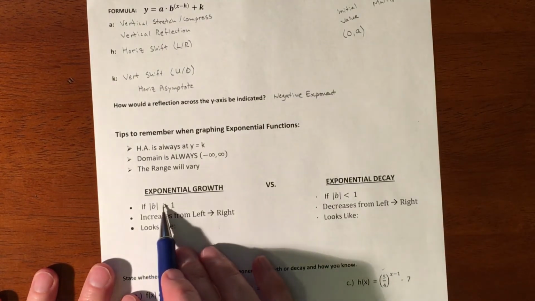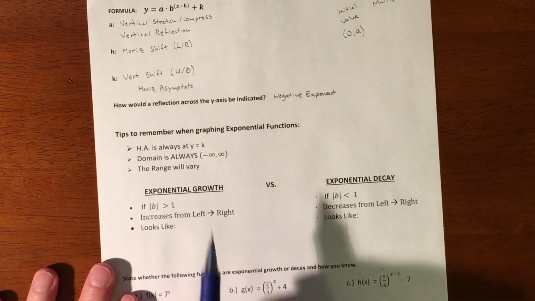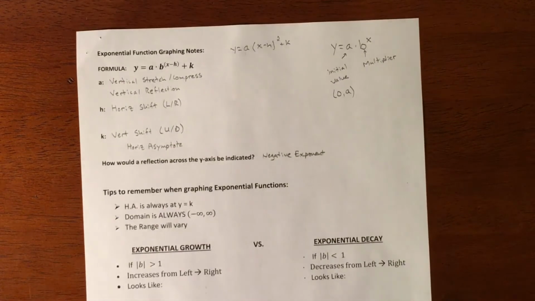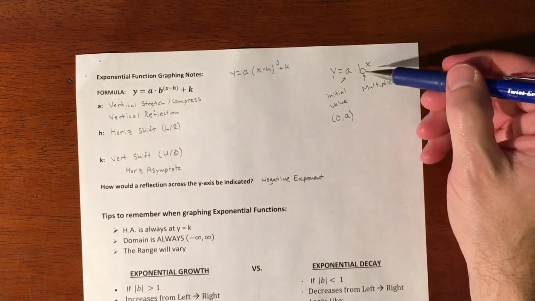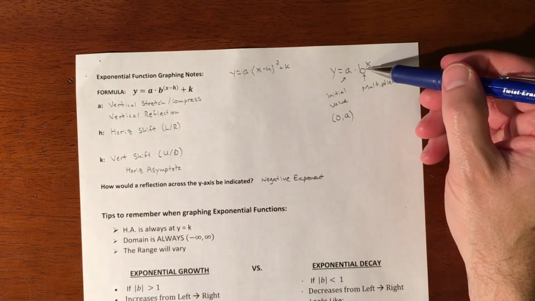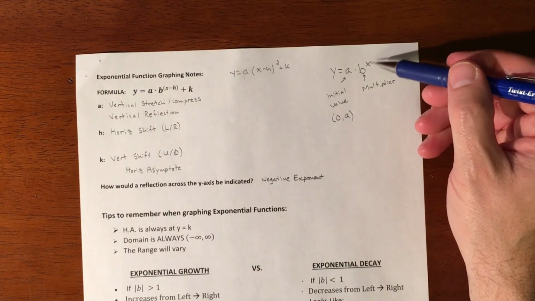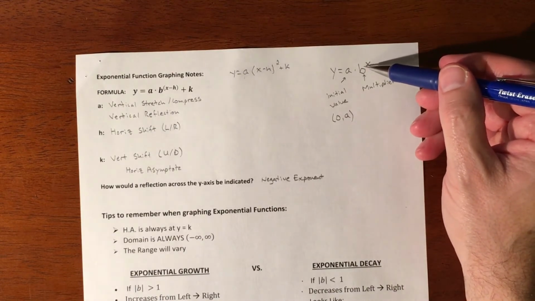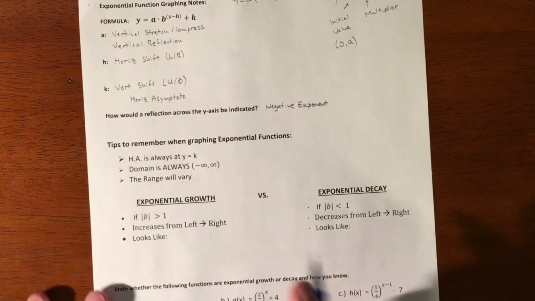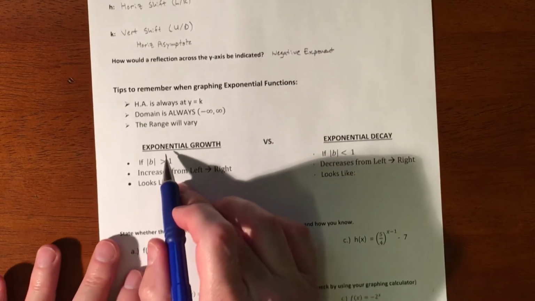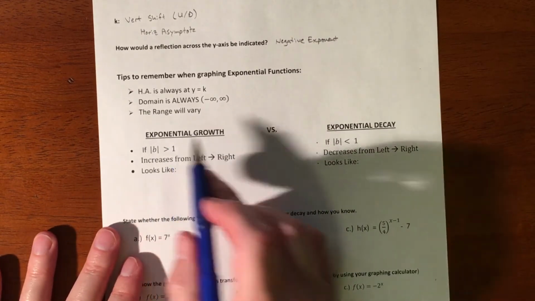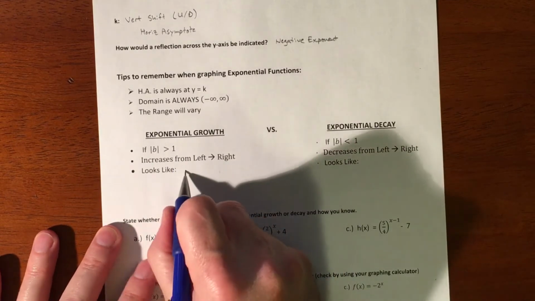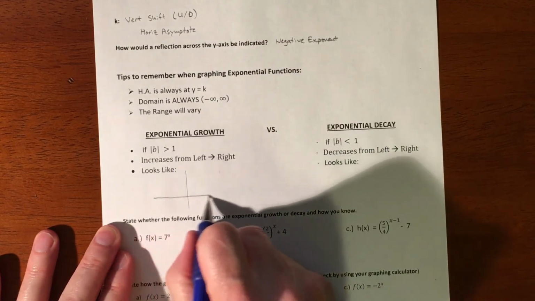If your B is greater than 1, you have yourself an exponential growth, because you're taking something and multiplying it over and over again, and the only way you're going to go up is if the B value is bigger than 1.